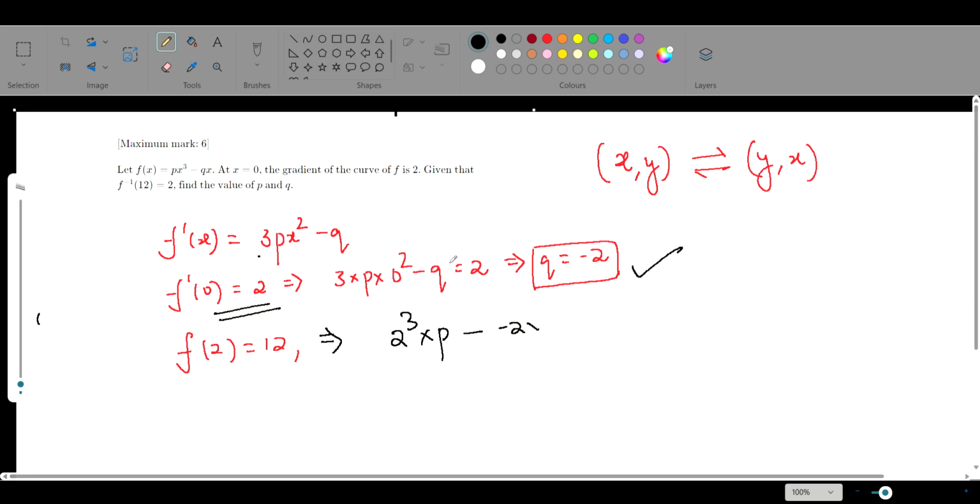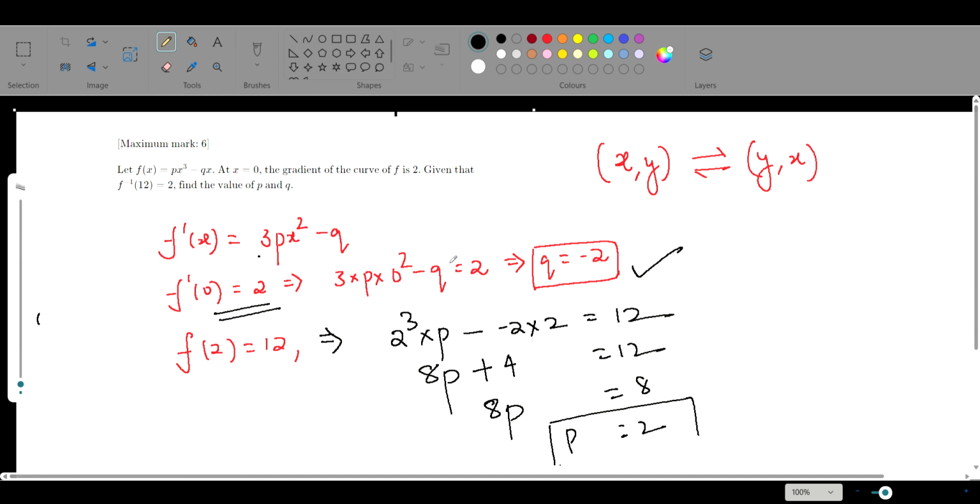So that means that minus q is 2. So q is minus 2. And now that q is minus 2, I can use the inverse function coordinates to find what p is, right? Yeah.